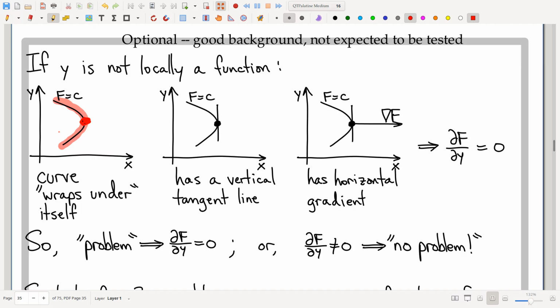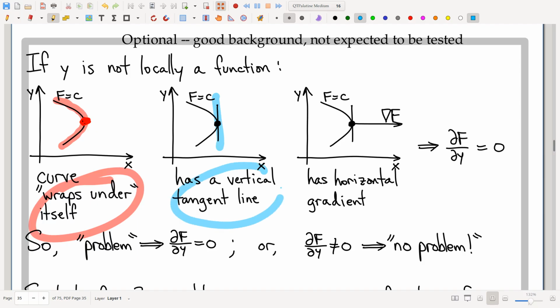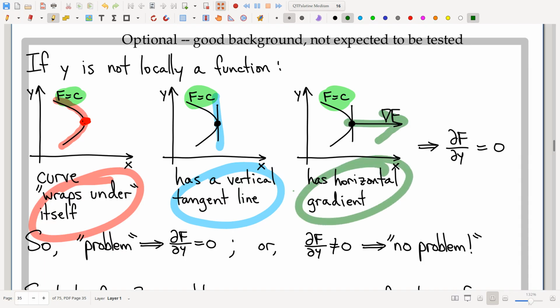So it's the wrapping under, which of course means we have a vertical tangent line. And now remembering that this is a level set that we're looking at, a vertical tangent line means horizontal gradient, because gradients are always perpendicular to level sets.